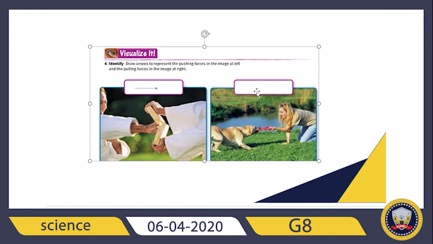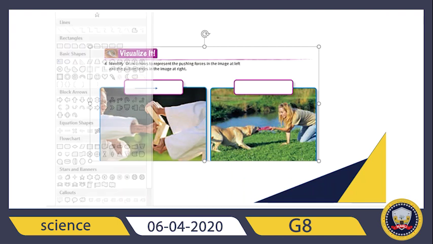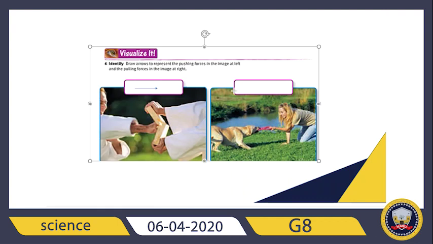You may add two arrows, or you may just add one arrow to represent the pulling force of this dog. Okay, so I'm gonna add one force. It will be this way.